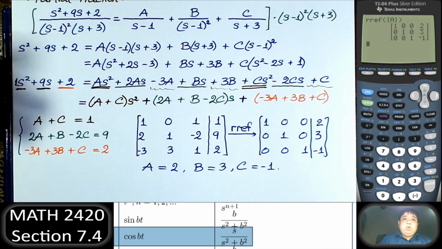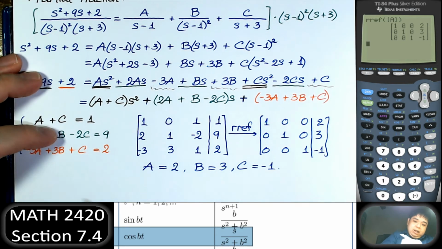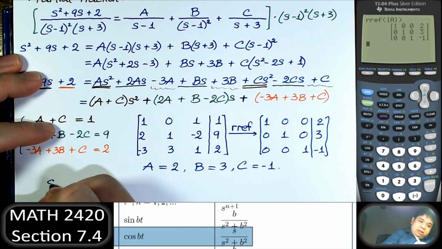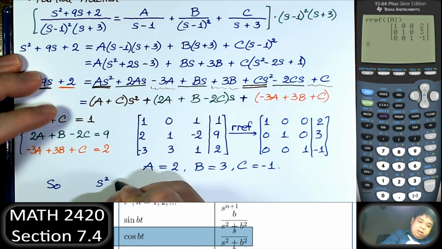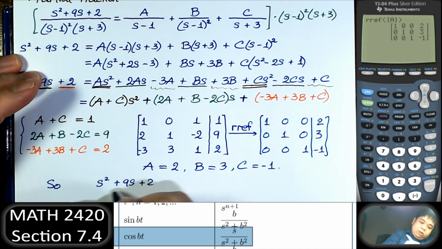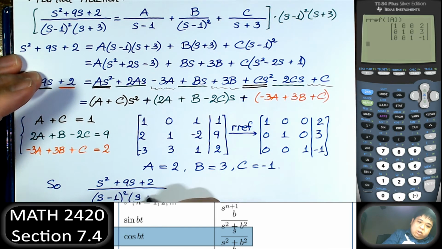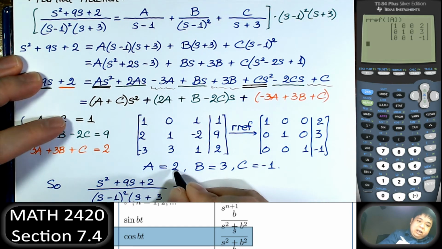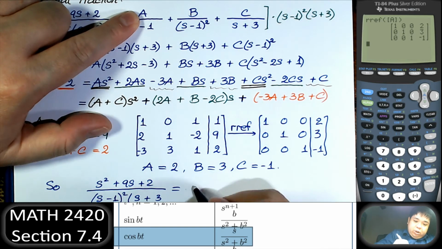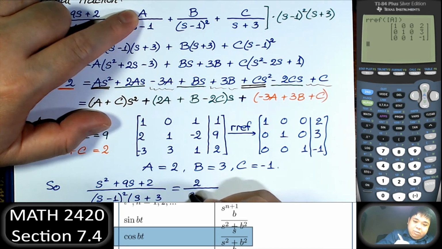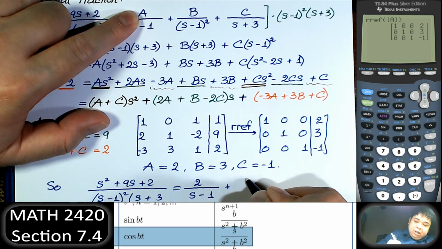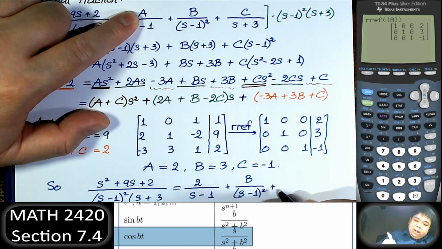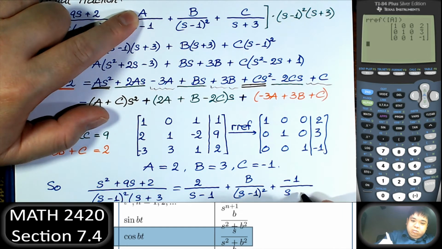So bottom line is we have the partial fraction. So the partial fraction, we will have s squared plus 9s plus 2 over (s minus 1) squared (s plus 3) equal to A, which is 2, over s minus 1, plus B over (s minus 1) squared, and C over s plus 3.